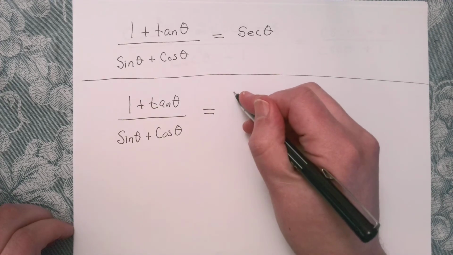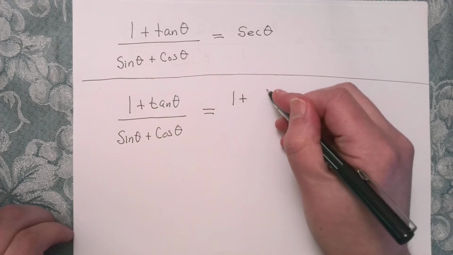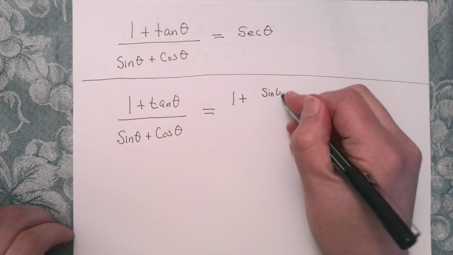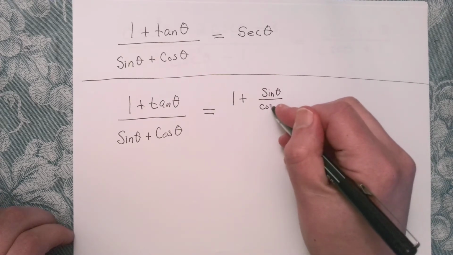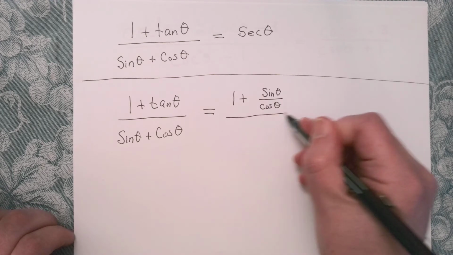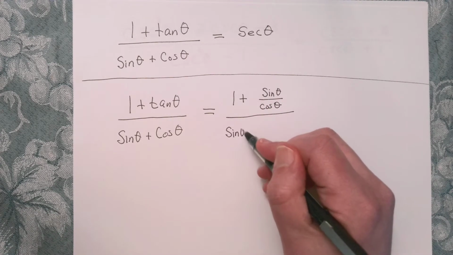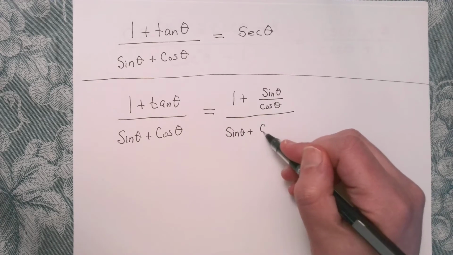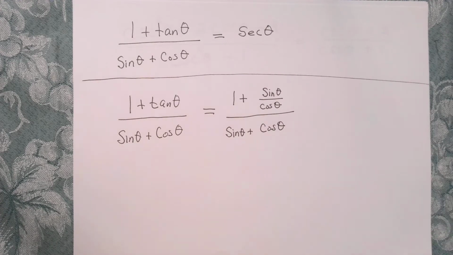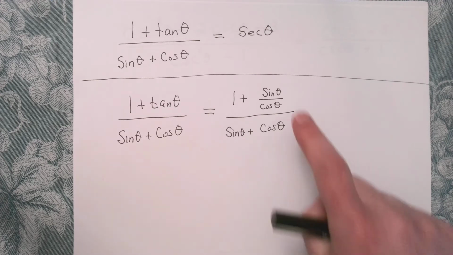So tangent of theta is sine of theta over cosine of theta over, let's see here, we've got sine of theta plus cosine of theta. Okay, let's see what we can do next. So there's some options here. I'm thinking, this thing's a fraction.